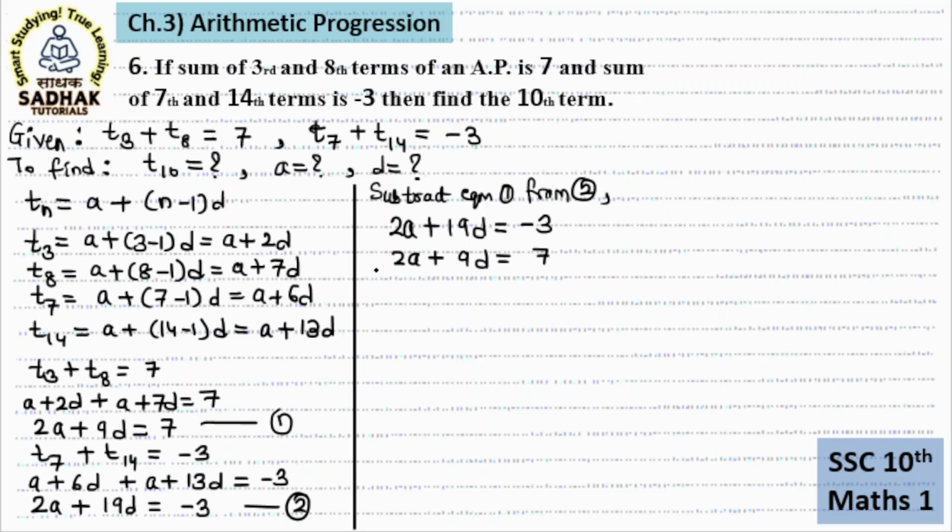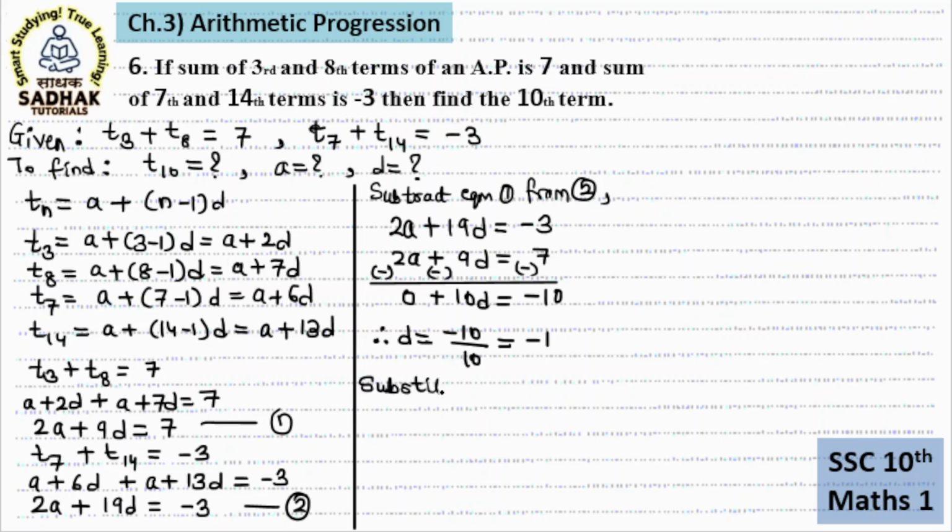Now when it is subtraction, the signs will change, so it will be minus 2a minus 9d and minus 7. So when we subtract, we get 2a minus 2a is 0, 19d minus 9d will be 10d, and minus 3 minus 7 will be minus 10. Therefore the value of d will be minus 10 upon 10, that is minus 1. So d is equal to minus 1.